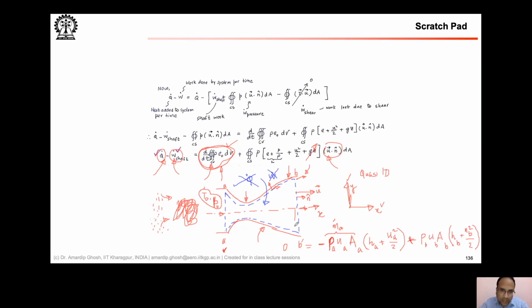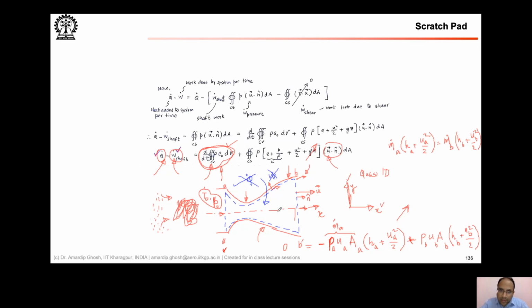So if you take these things on the right side of the equation, then you can say m dot at A multiplied by h at A plus u at A square by 2 equals m dot at B times enthalpy at B plus u at B square by 2.